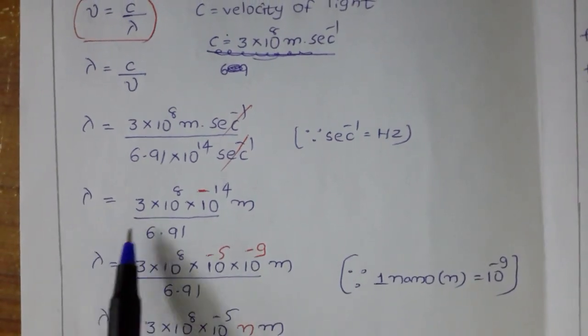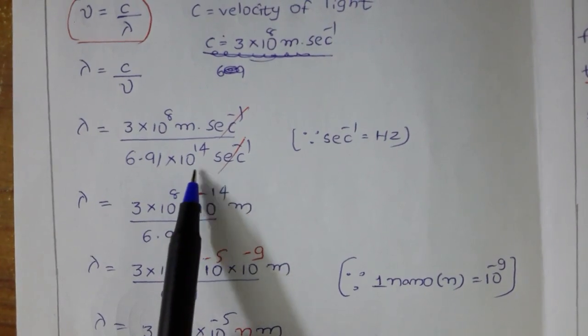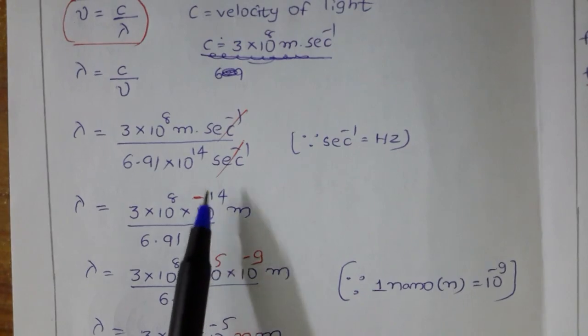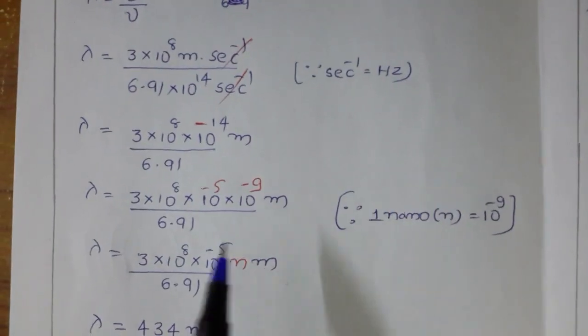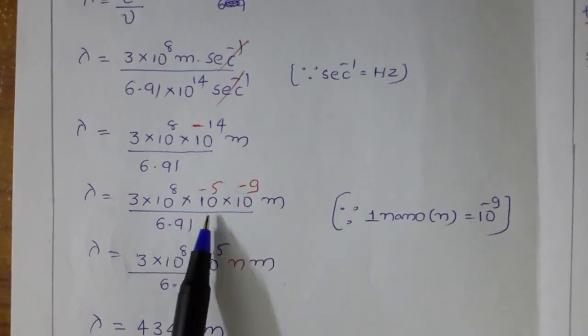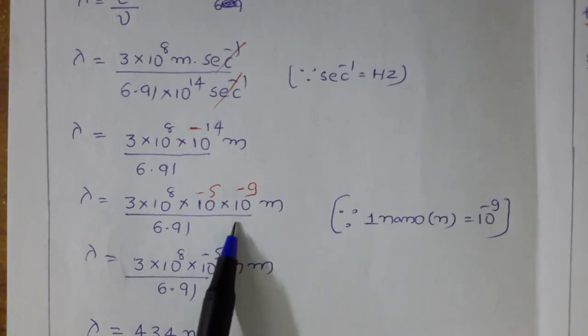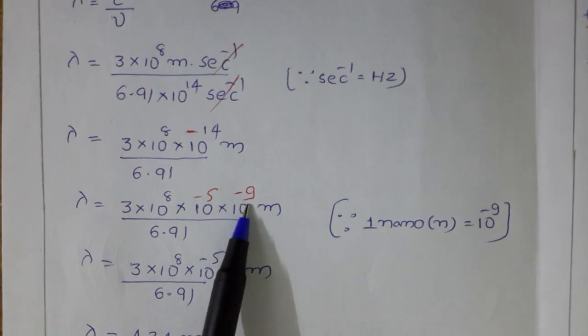We got lambda equal to 3 into 10 to the power of 8 into 10 to the power of, if it is in the denominator and goes upside, it becomes 10 to the power of minus 14. Already we have the meter. If you go further, shall I write 10 to the power of minus 14 as 10 to the power of minus 5 into 10 to the power of minus 9? Why? Because if the bases are the same, exponents you can add.